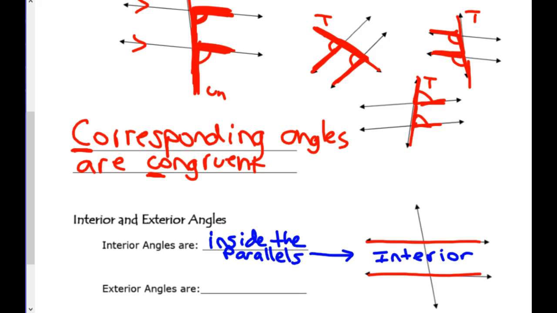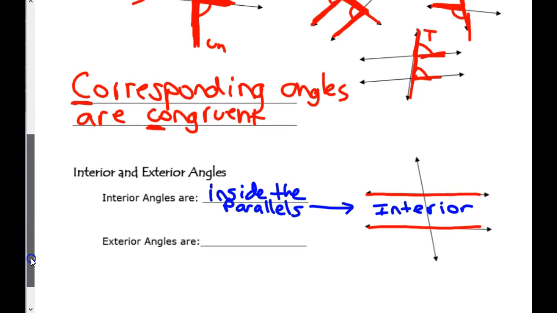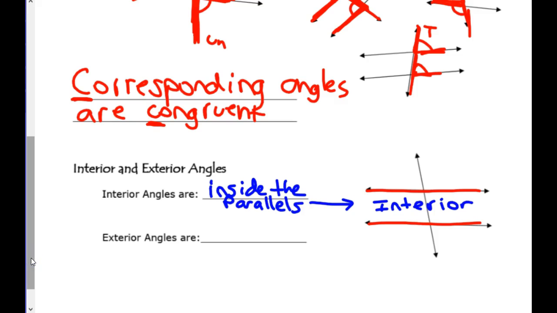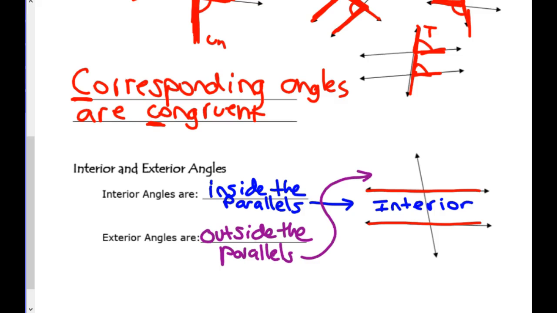Okay, so you can go ahead and fill that in. Inside the parallel is interior, so I put it between the parallels. Between, inside. What do you think exterior will mean? Outside of the parallel lines, which means it could be above or below. Those are both exterior.